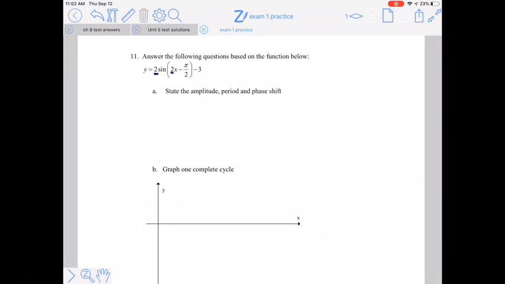Period would be using that B value. So amplitude 2. Period, since we're talking about the sine function, would be 2 pi divided by B in that case, which is 2.